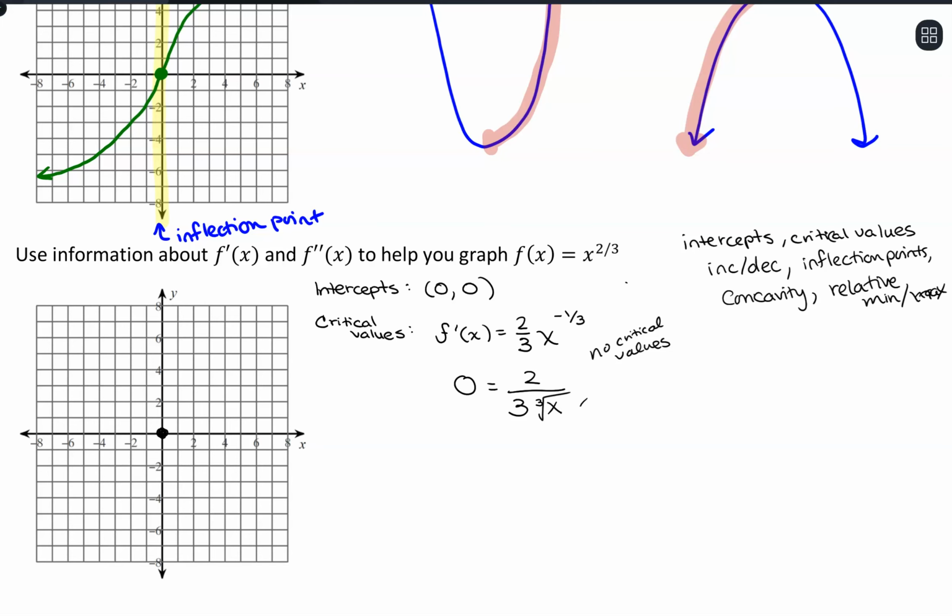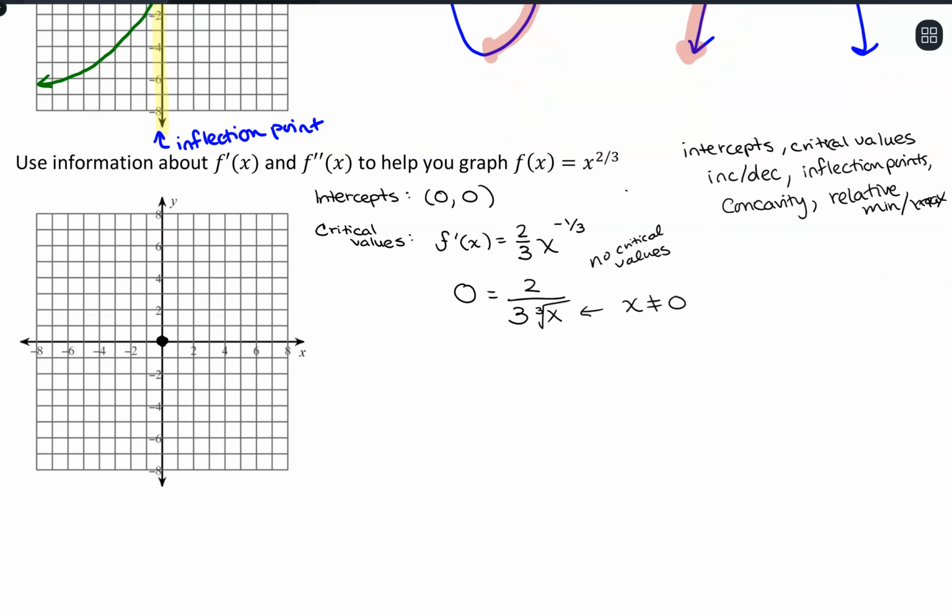Knowing that x cannot equal 0, we want to take a look at that. So let's take a look at our first derivative test using these intervals from negative infinity to 0 and then 0 to infinity, where we're grabbing that 0 not from solving this, but rather from knowing where our derivative is undefined, because those are important values too.